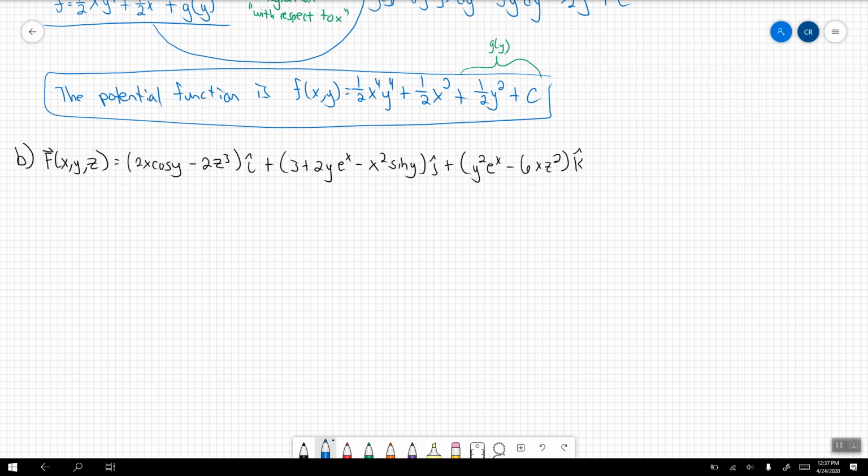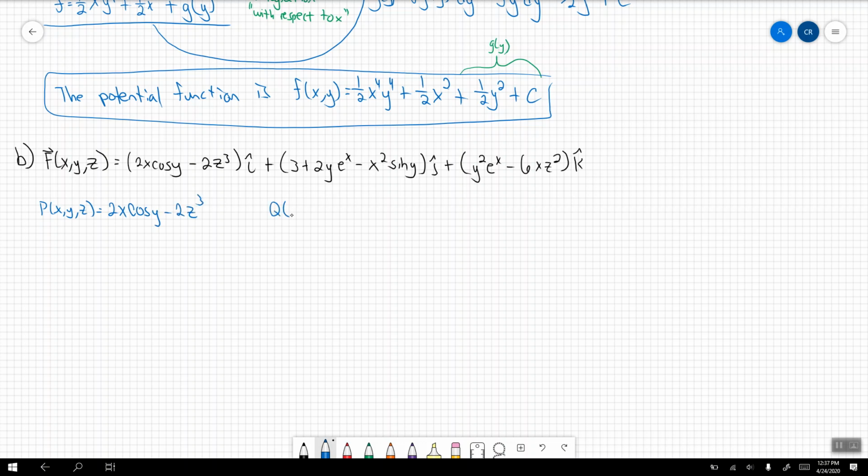So I'm going to go through and start identifying a few pieces here. The first piece that I'm going to identify is that P of xyz is going to be 2x times cosine of y minus 2z cubed.